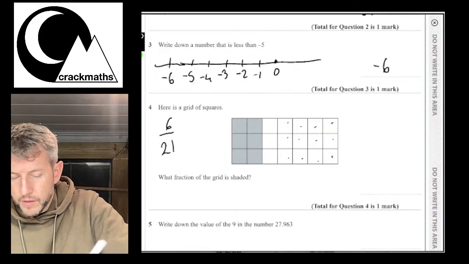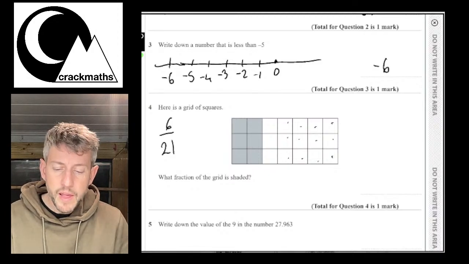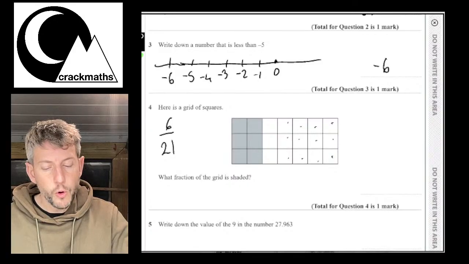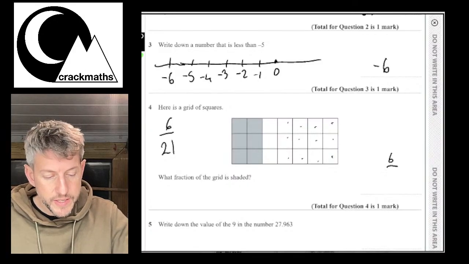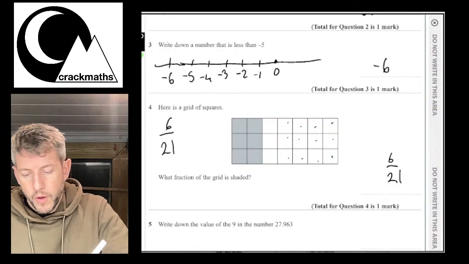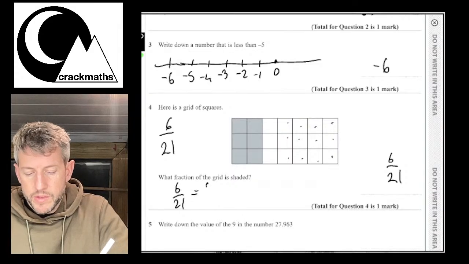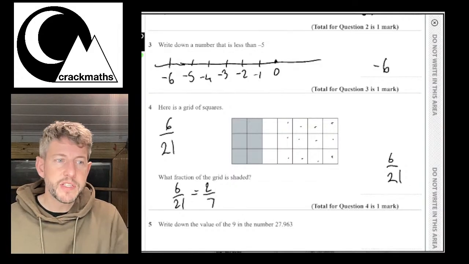Okay, so we've got 6 21sts shaded. It doesn't say to write this in its simplest form, so you could get away with 6/21. But if you wanted to write this in its simplest form, 6 and 21 are both divisible by 3, so we could call this 2/7.